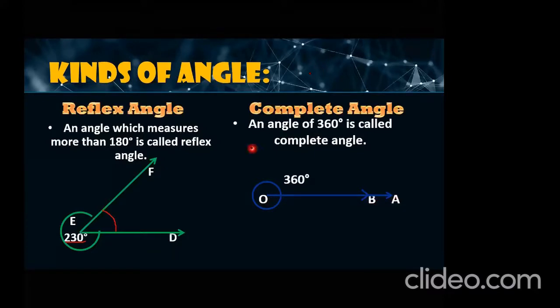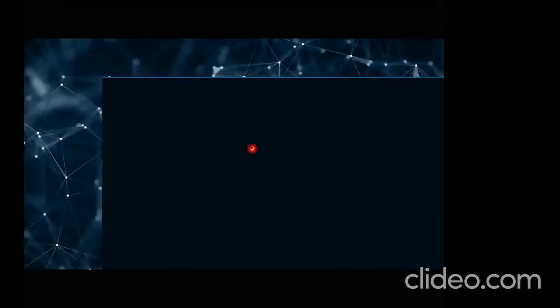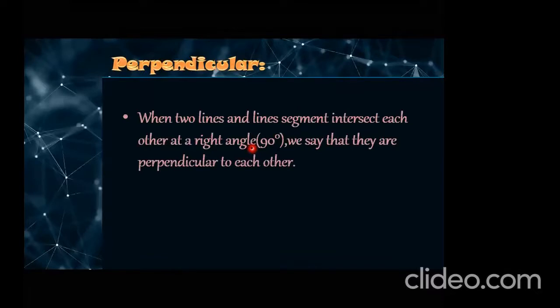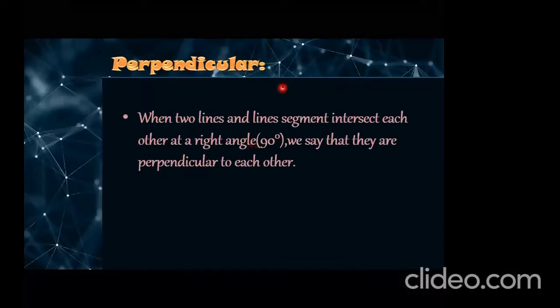Now, next is perpendicular. Now, what is perpendicular? Can anyone tell me what is perpendicular? When two lines intersect, just suppose this is a line, and this is a line segment.